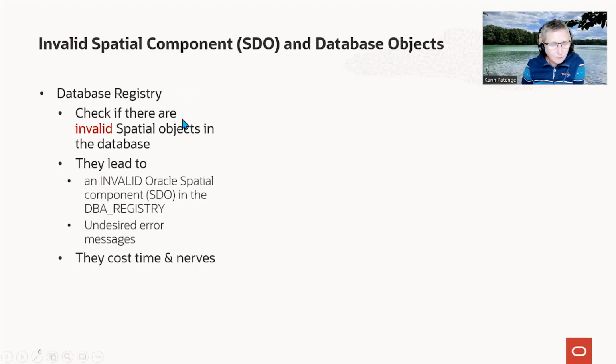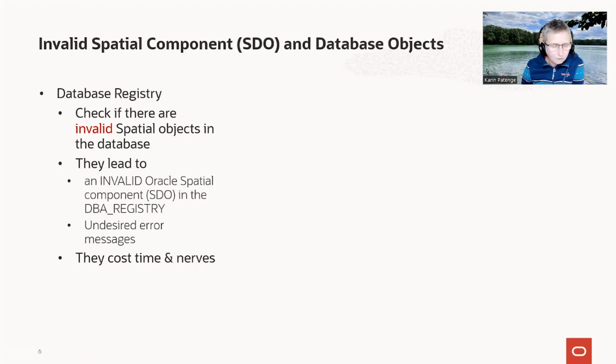And if you do that check and you discover invalid spatial objects in the database, then you should do something about it. Why? Typically, invalid spatial objects lead to an invalid spatial component in the DBA registry, and this actually causes typically undesired errors.